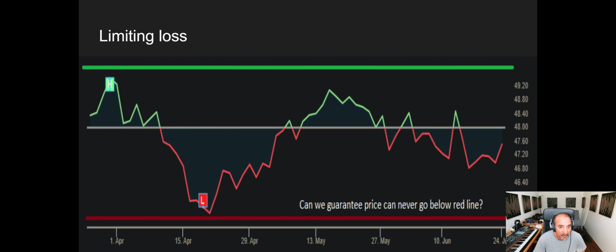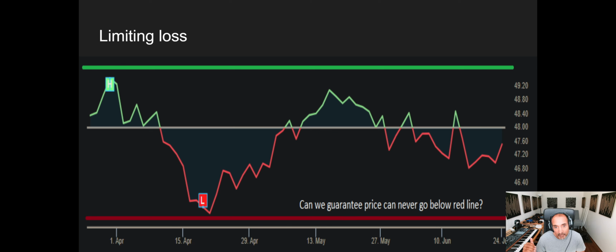Now, the question we want to ask is, can we limit our loss somehow? Let's say we have this red line here, which is below any price in the last 3 months, and we want to make sure that the price never actually goes below this.